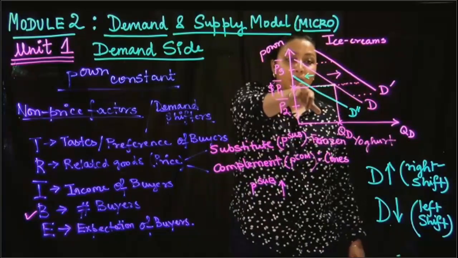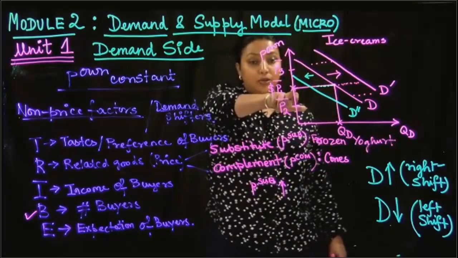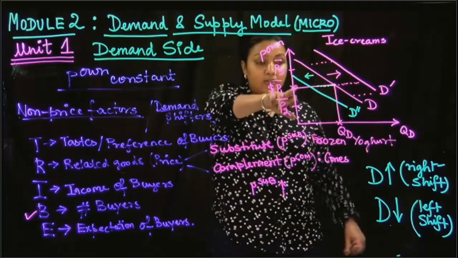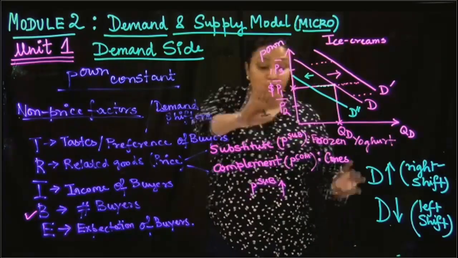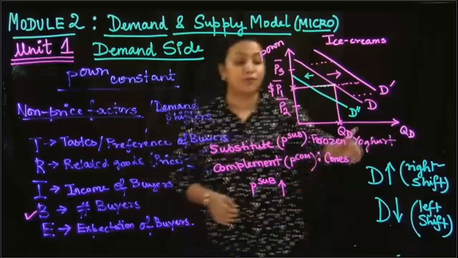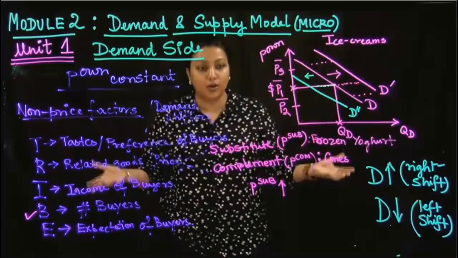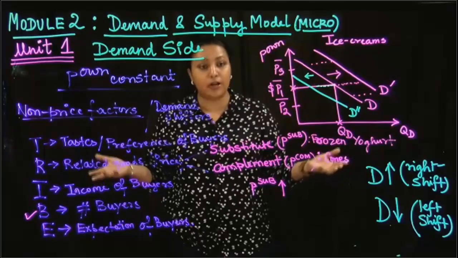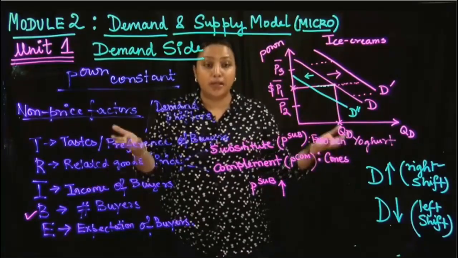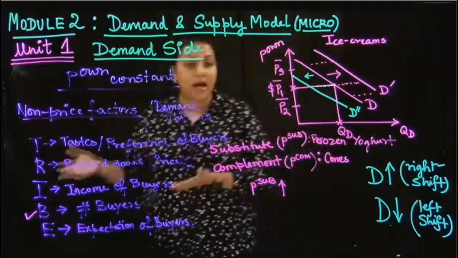So in the ice cream market, you would see a decrease in the demand for ice cream. Isn't it? Sorry, the other way around. If the price of the frozen yogurt went up, then people do not want to have frozen yogurt because that is relatively more expensive, right? So instead of having frozen yogurt, people would prefer to eat ice cream.